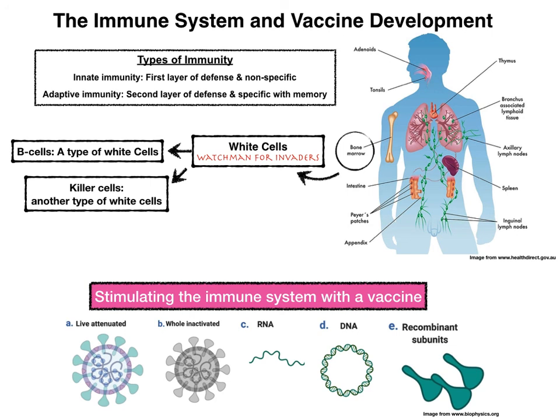A more recent strategy involves injecting individuals with RNA or DNA encoding viral proteins. This is a general statement: for an RNA virus, or if it's a DNA virus, we can inject only the DNA that codes the viral proteins.